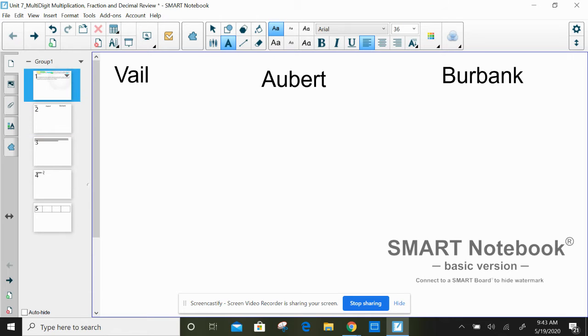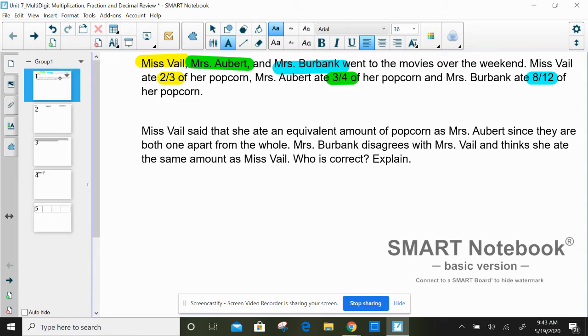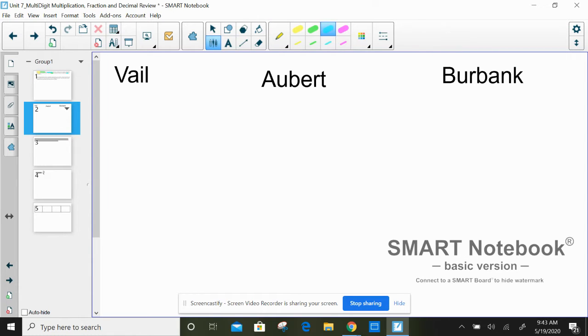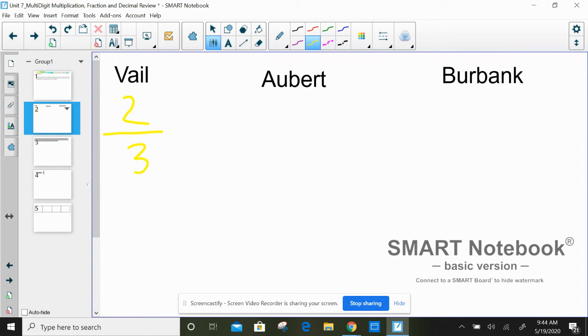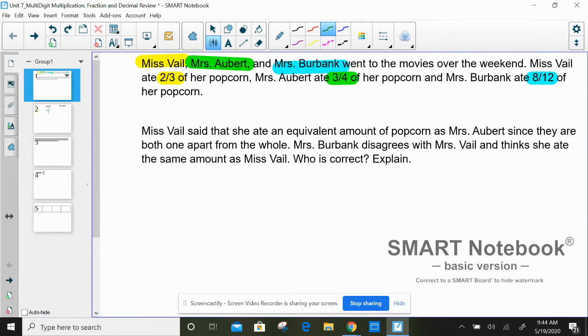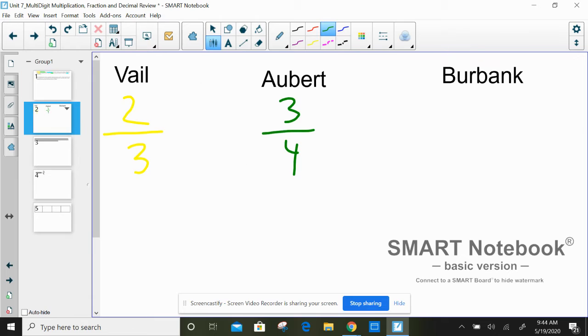So Miss Vale's fraction was 2/3. Miss Albert's was 3/4. And Miss Burbank's was 8/12.